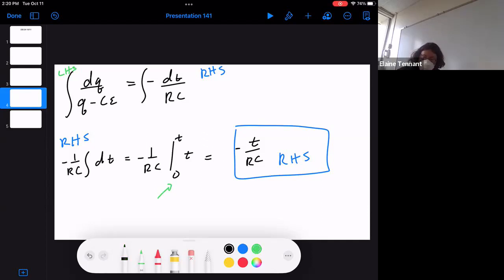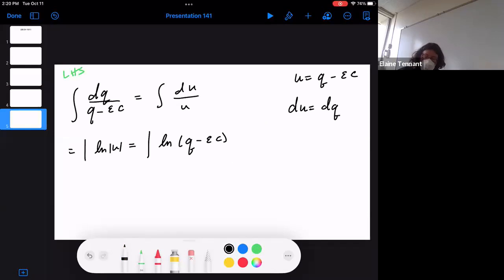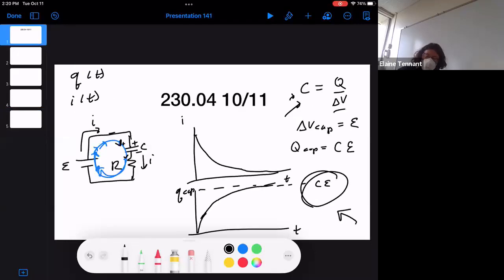So okay, so let's go through. We're integrating q. So q is our variable. At time equals 0, what's the charge on my capacitor? Initially, when I hook up my capacitor, is it going to be charged or uncharged?